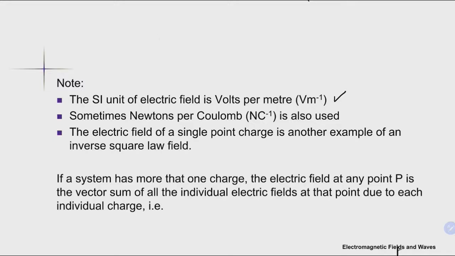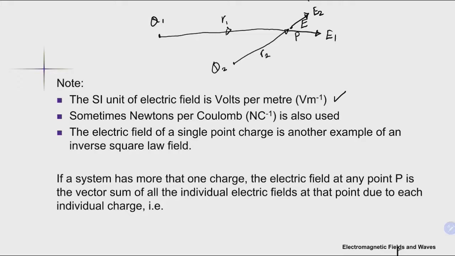Okay, so meaning that if I have Q1, Q2, and I want to work out the electric field at this point here, P, then I define one vector, R2, one vector, R1, then I can work out my E field, E2, E1, then I do a vector sum of E1 and E2.